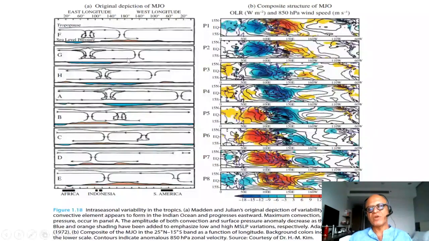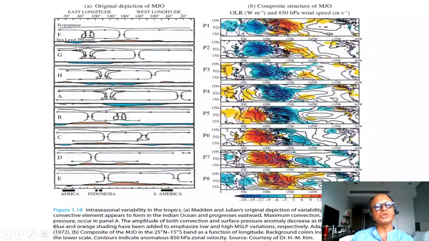A classic paper from the 1970s by Madden and Julian started the process, and then there's been lots of efforts now to understand them and predict them better and understand their impacts, not only in the tropics but going all the way into high latitudes, mid latitudes, affecting potentially even the Arctic warming and so on. It's essentially showing convection here, sea level pressure here.